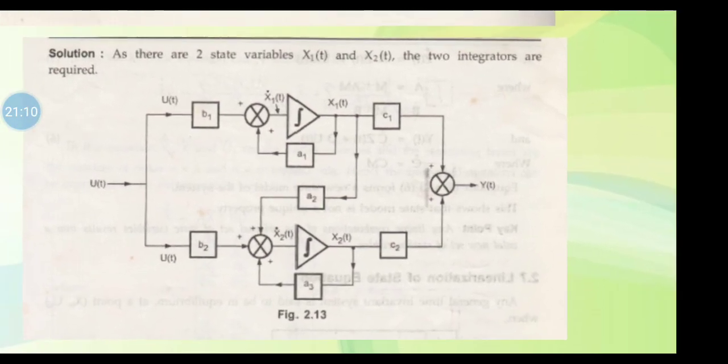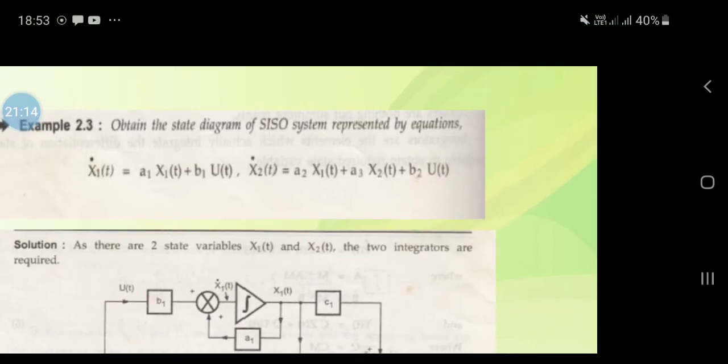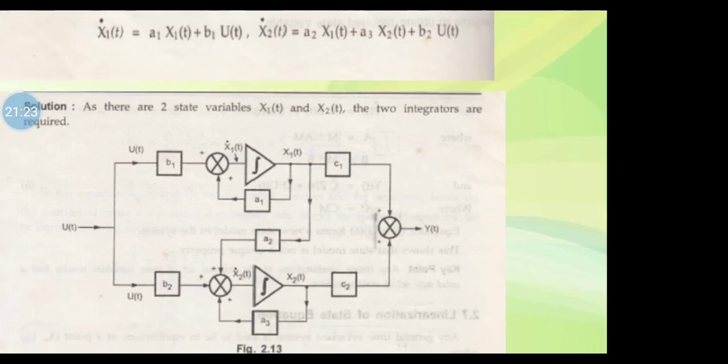You can see there are two state variables, one is x1 of t, one is x2 of t. So two integrators are required.